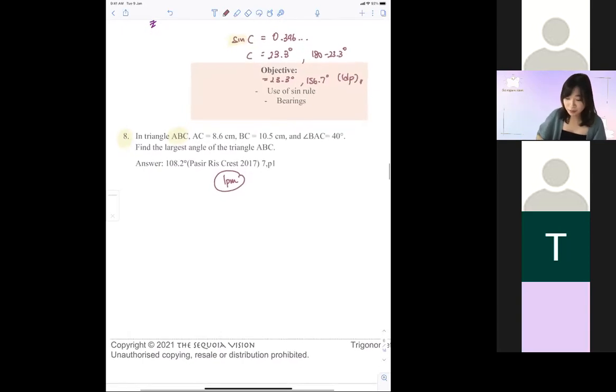Everyone else can do. Can you send me your working? Terence can do. Ian also. Qingle.